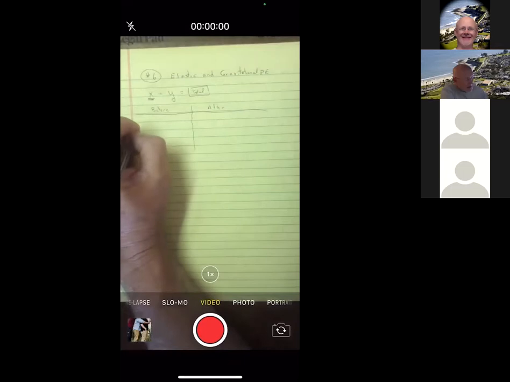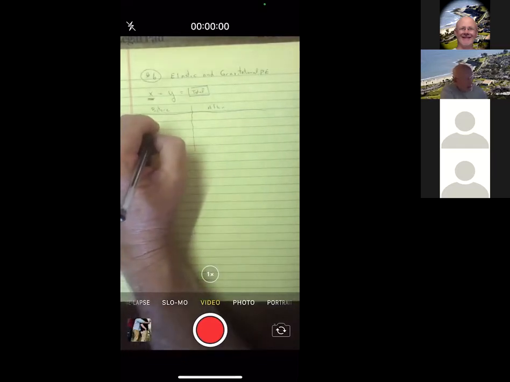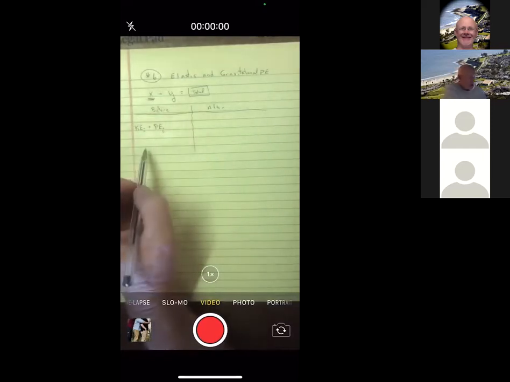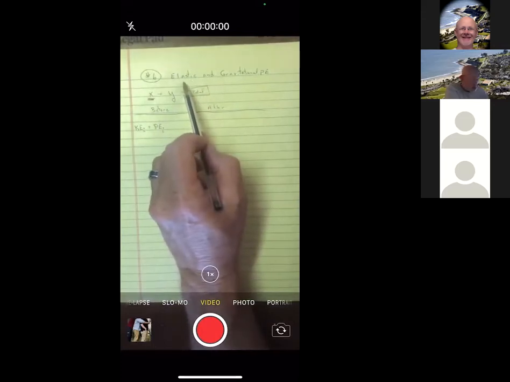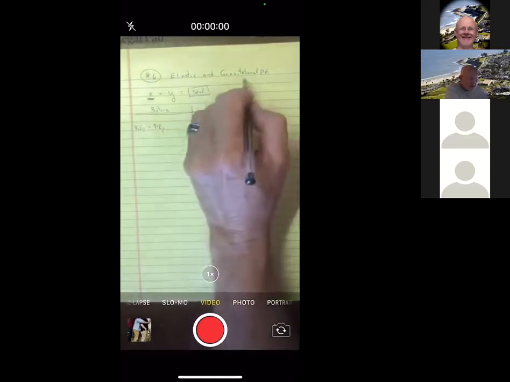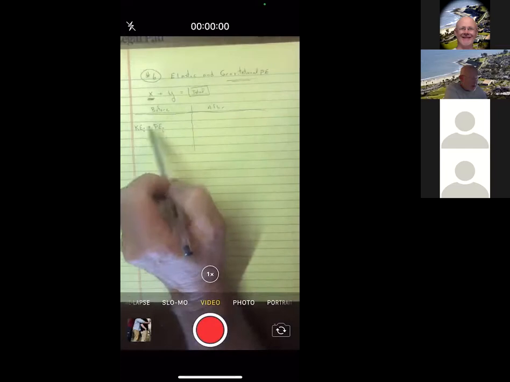So maybe you have a kinetic energy. That's initial. You might have then some potential energies that are initial. And in this case, there are 2 kinds. There is the elastic energy, which is the energy in a spring. And then there's also the gravitational. So both of those are fitting into this category.